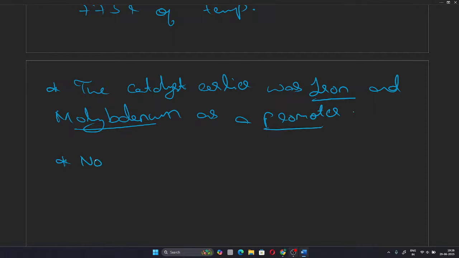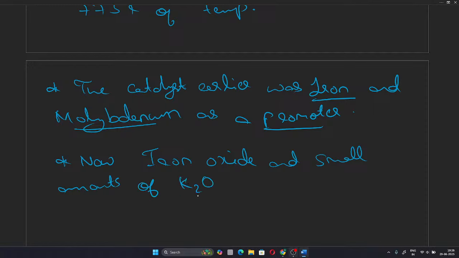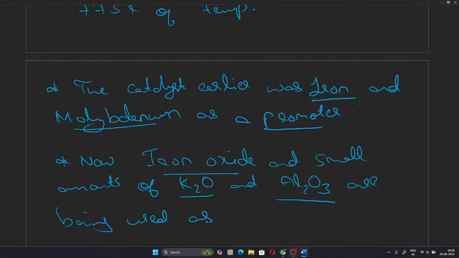Now iron oxide and small amounts of potassium oxide and aluminium oxide are being used as catalysts.